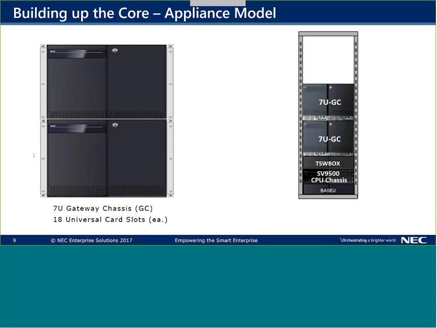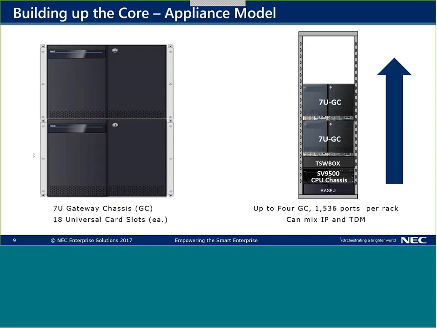When we do that, we end up with something that looks like this. This is just a diagram of a simple rack where we have the 9500 appliance mounted in the bottom of the rack, and then the time switch equipment in between it and the gateway chassis. Here we're showing two of them in a rack. So we build the system up by adding these gateway chassis and all the necessary cards.